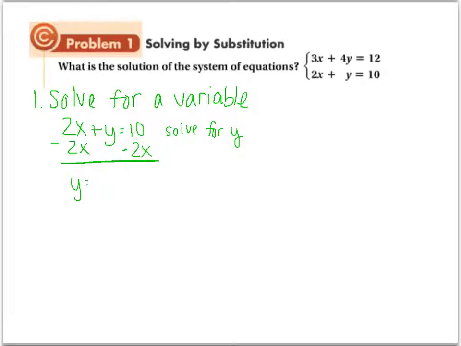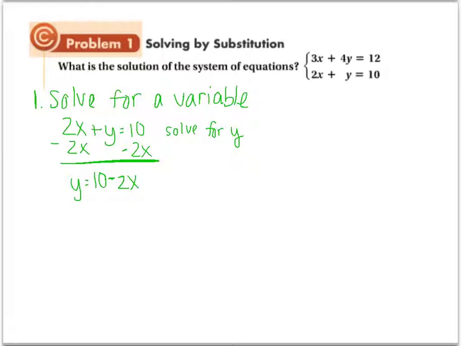So y equals 10 minus 2x. Now, if you guys were told y is 7, you could substitute 7 in for y. Well, y is 10 minus 2x. So you substitute 10 minus 2x in for y.